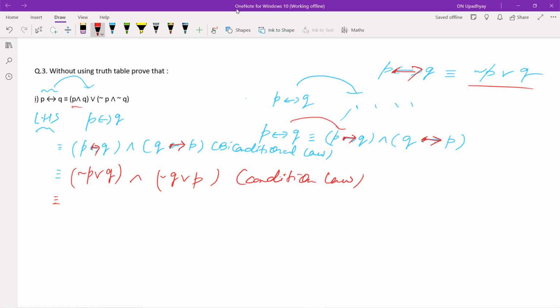Now we are going to use the distributive law. Why? See, anyhow we have to change or into and. The right hand side has and, and here it is or. So how to convert? We can use the distributive law. This is the concept.